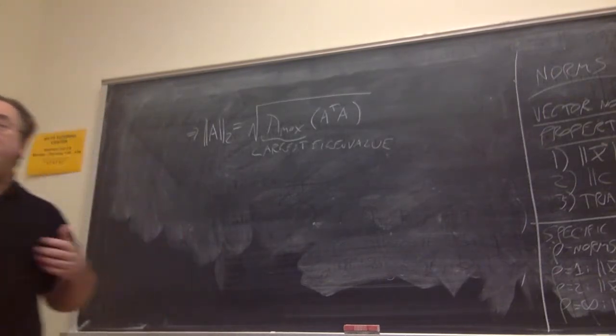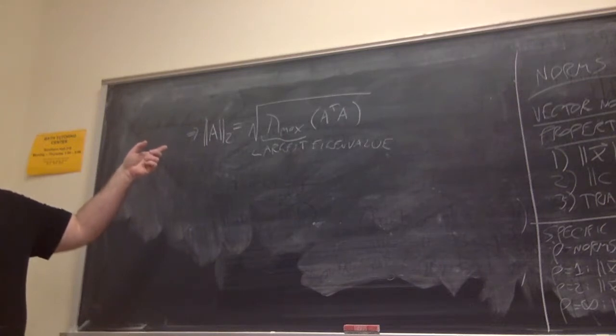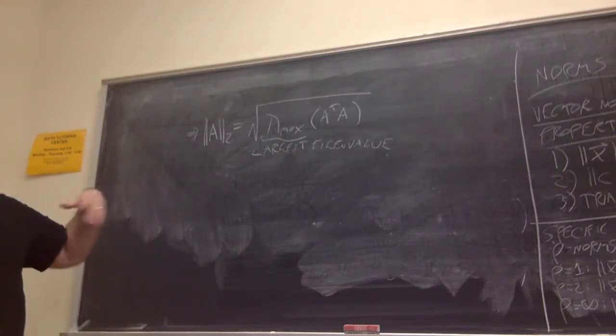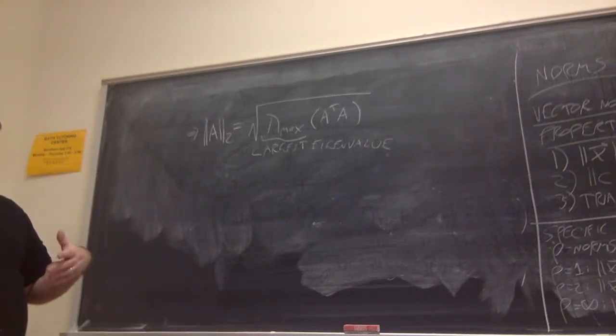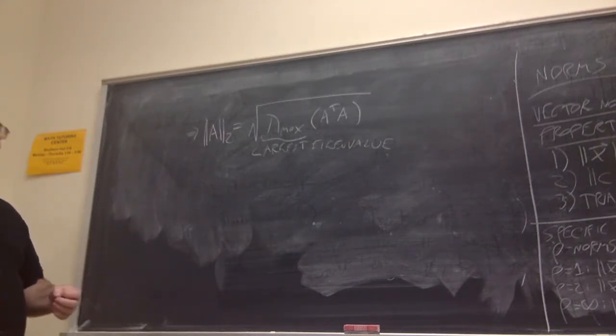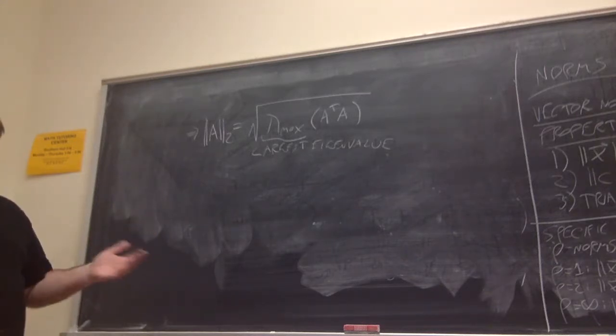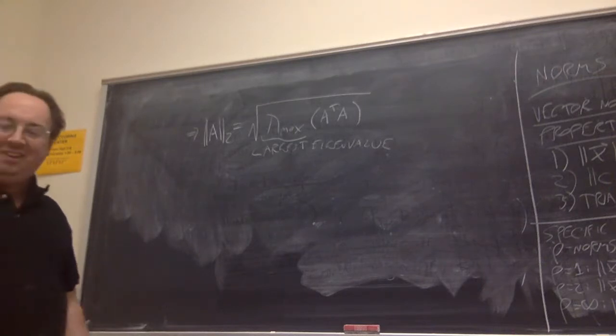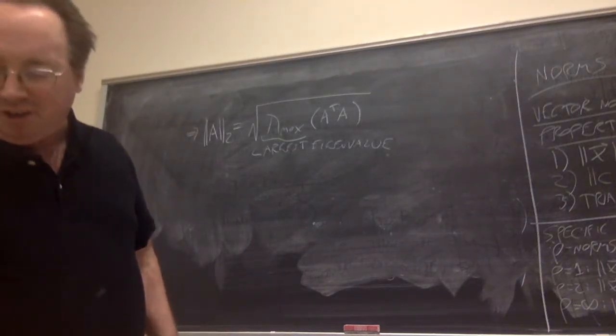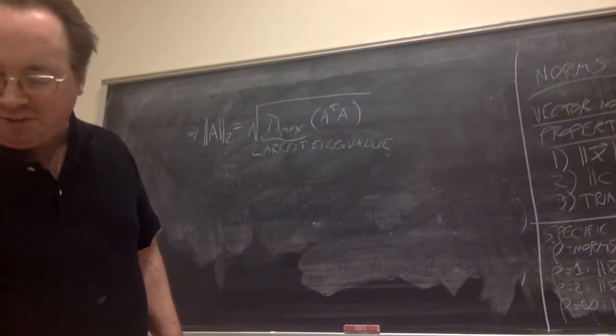For a given matrix, we won't be able to compute this unless it's a very simple matrix, like a triangular or diagonal matrix. So that's kind of unfortunate. But this is why we have Matlab to do such things for us. But I at least want to give you a formula and some indication of where it comes from.